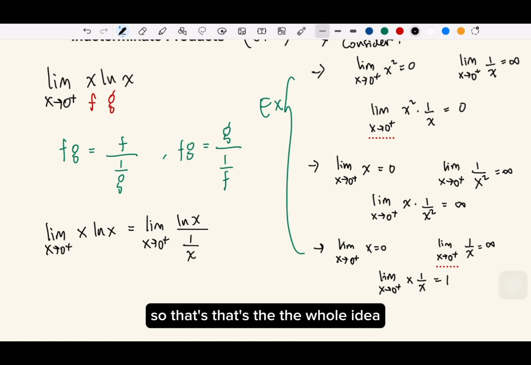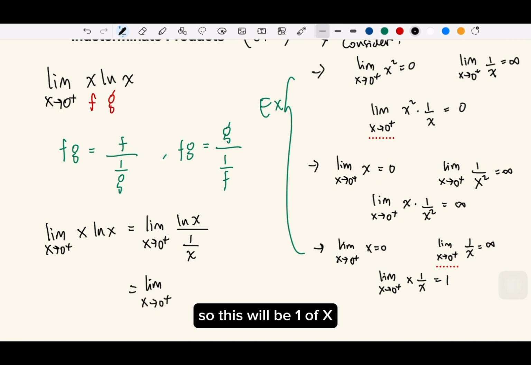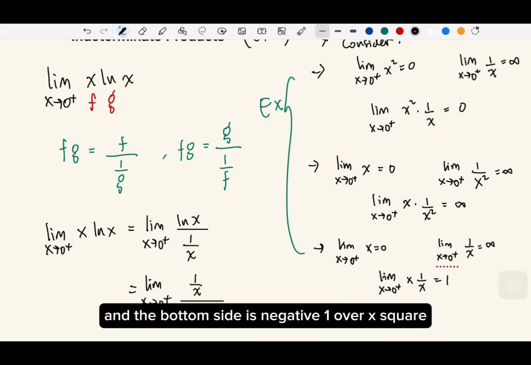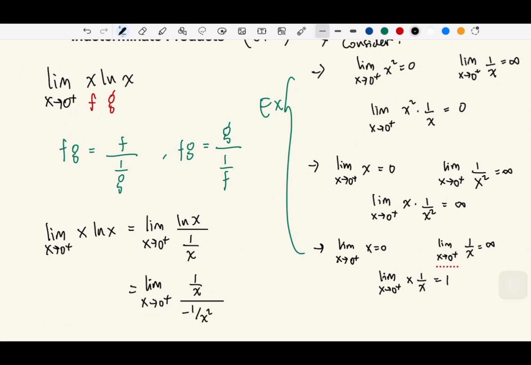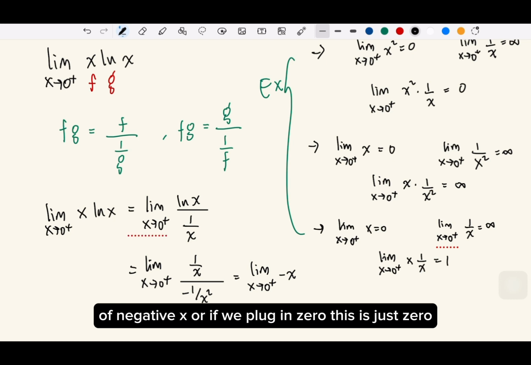Okay, so that's the whole idea. So this will be 1 over x, and the bottom side is negative 1 over x squared, in which we have the limit of negative x, and if we plug in 0, this is just 0.